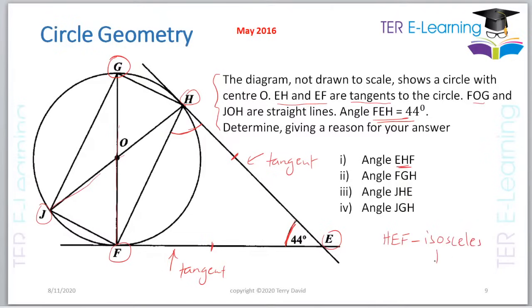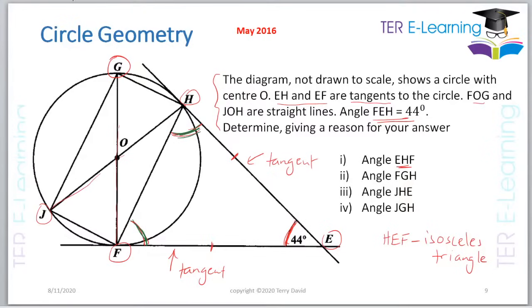Right, so I think Zachariah said that it's an isosceles triangle. So if that is an isosceles triangle, then we need to make use of that fact. If this is 44 degrees, this is the angle they want us to find here. Therefore, this angle here and this angle here are the same because it's an isosceles triangle.